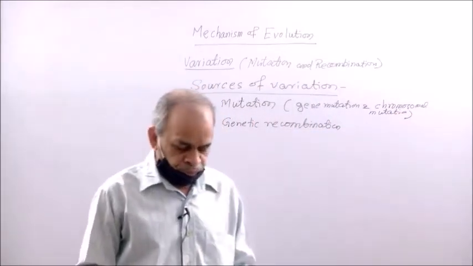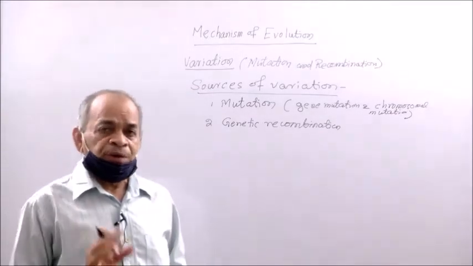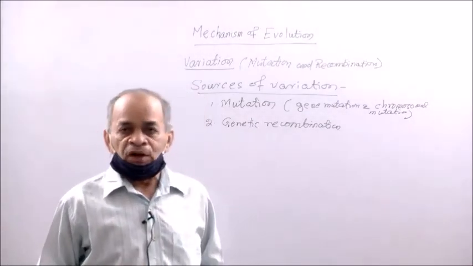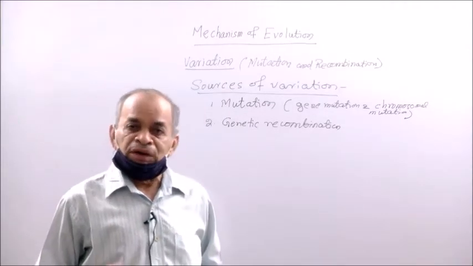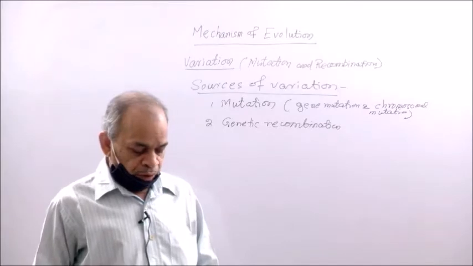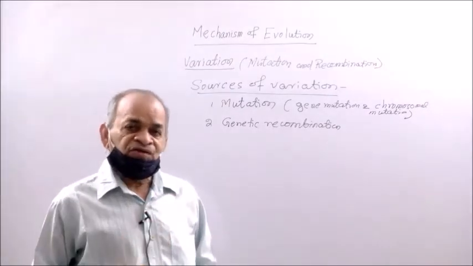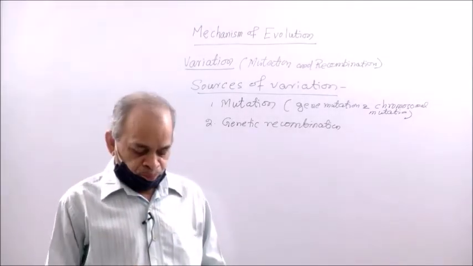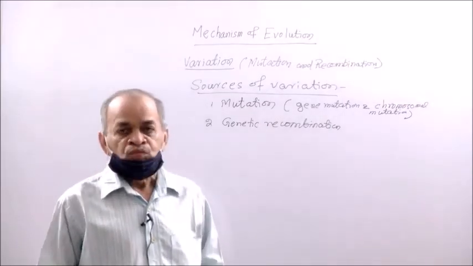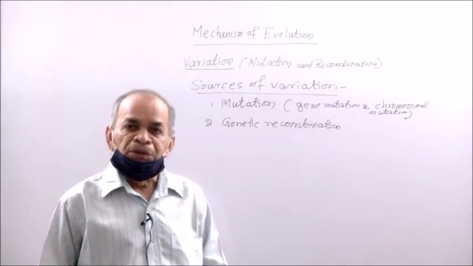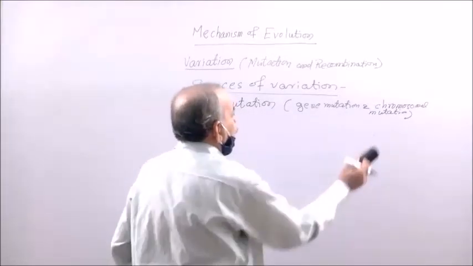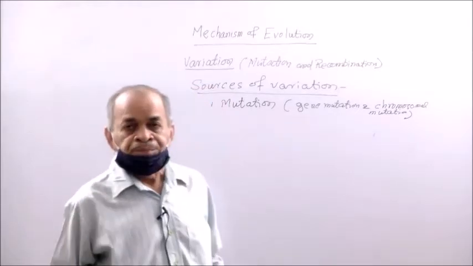Inheritable variations, those variations which are transmitted into their offspring, may arise through these processes. First, we will discuss mutation, then we will go to genetic recombination. So, mutation.